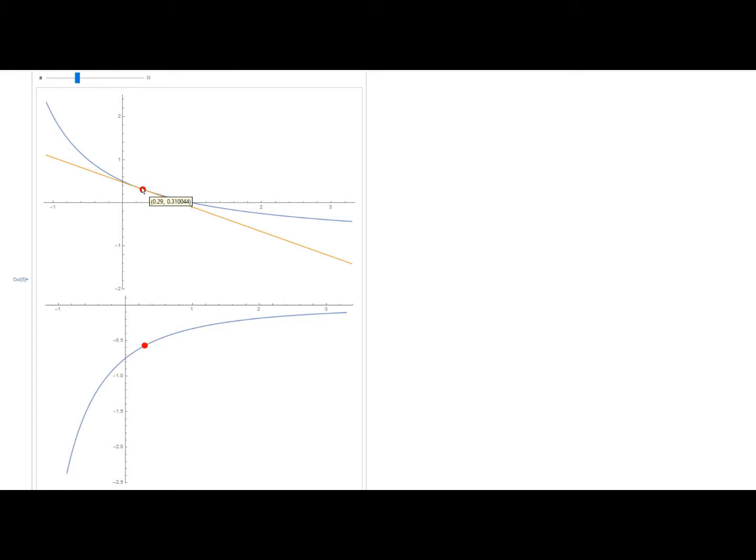So if we were to slide this over, the y value is 0.31, but the slope of the tangent line agrees with the y value down here. It's negative 0.57. So I'll just go ahead and slide that bar across, and you can watch what's happening as it goes along. All right, very good. Let's go on to a little bit more information in the next video.